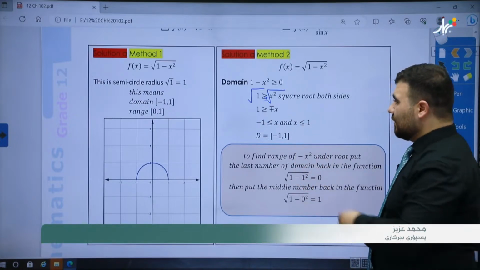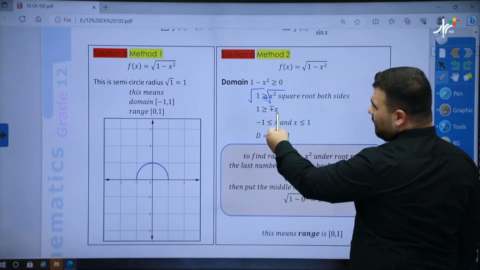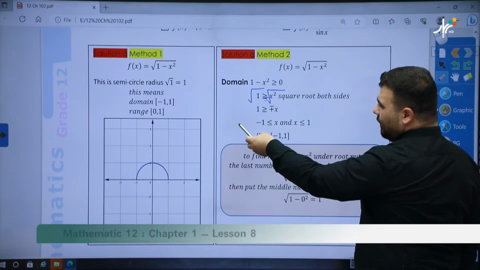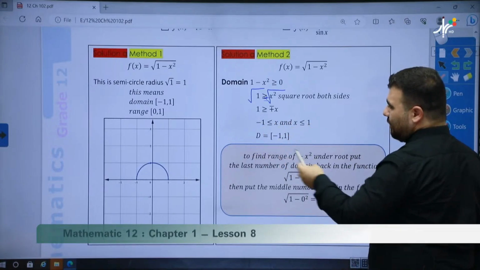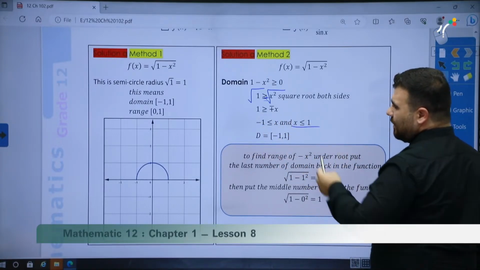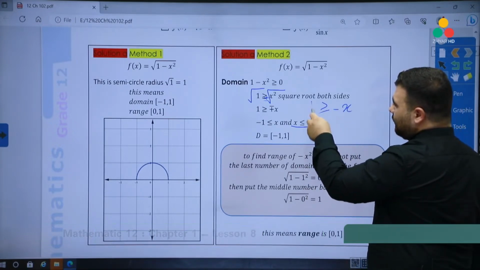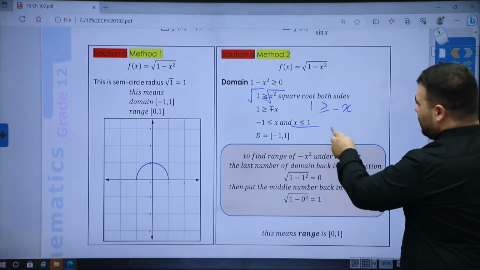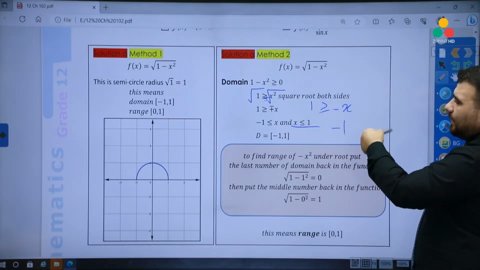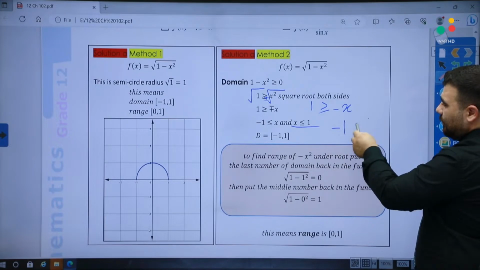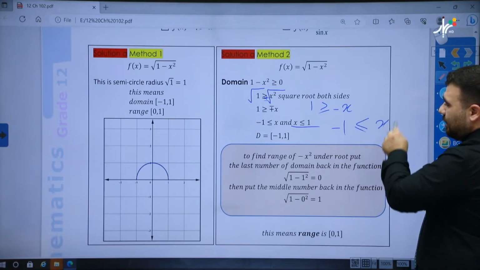This means negative x is less than or equal to 1, or x is less than or equal to 1. Multiply by negative, it will be -1. When we multiply any inequality by negative, we should flip the sign of the inequality.